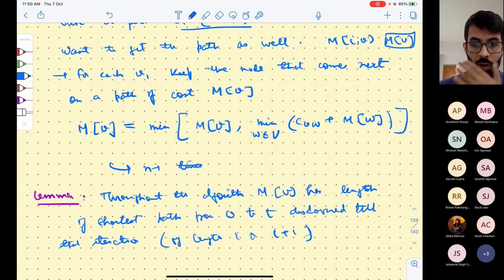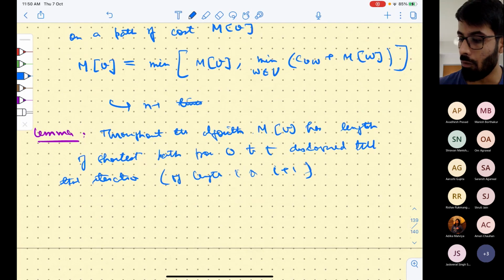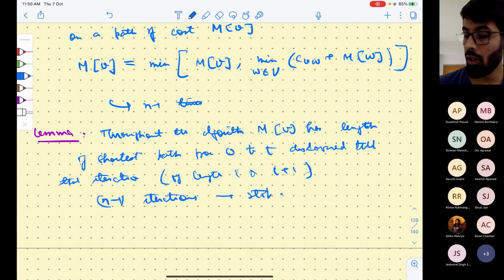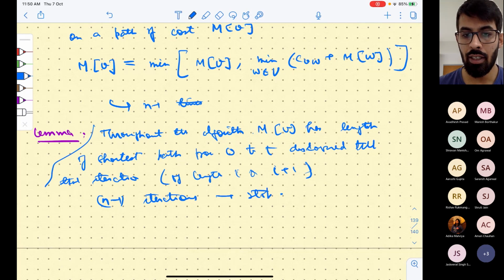And this ordering can be something else. And that is still fine, because you will keep discovering the new paths, and then you can finally output after n minus 1 iterations. You can stop. So this you can show, again by induction.